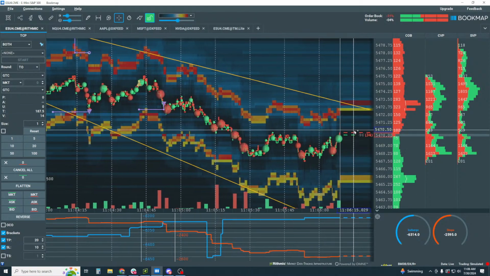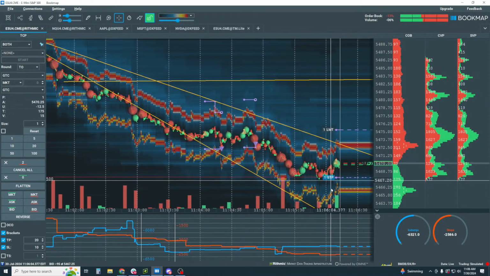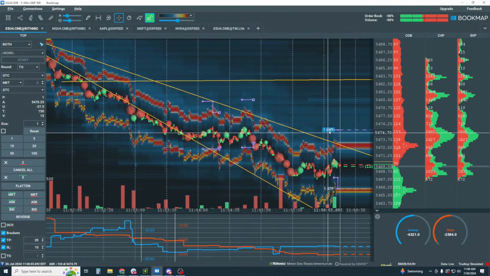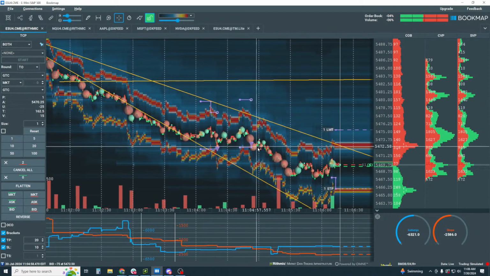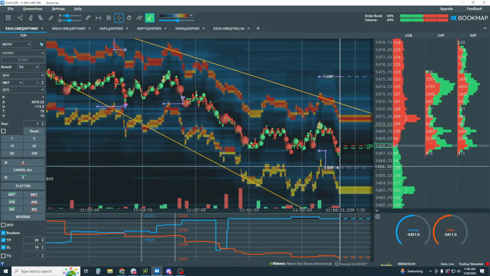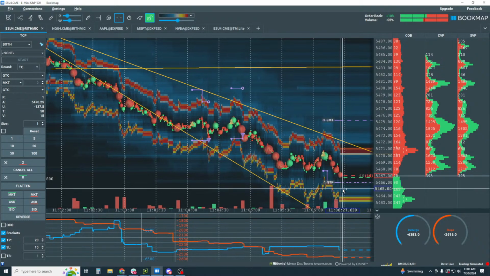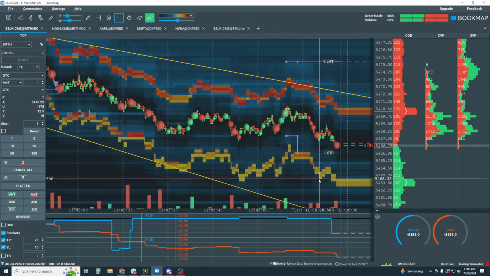Not yet. There we go. All right, let's try it again. I'll widen this one out a little bit here. We have a little more structure now to take a look at. No, still not ready. Get stopped out.